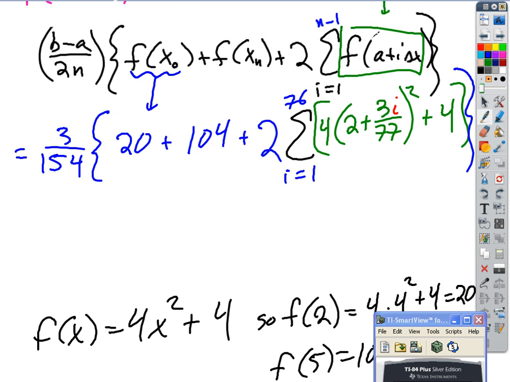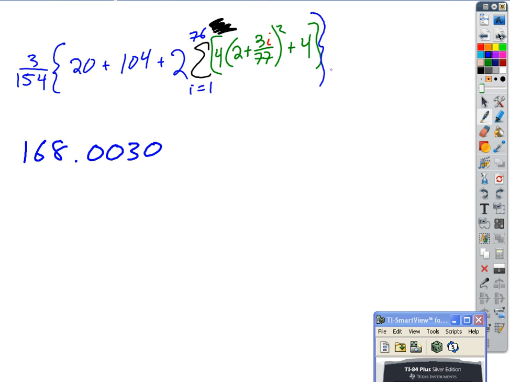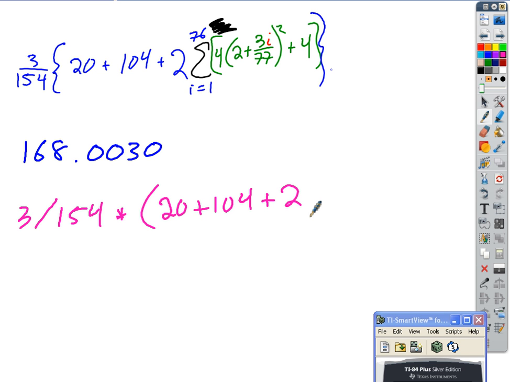You would just say 3 divided by 154 times parentheses 20 plus 4 plus 2, plus 2, and then this can be hard. Then we got to do that sigma. 2 times sigma x equals 176, and then parentheses.